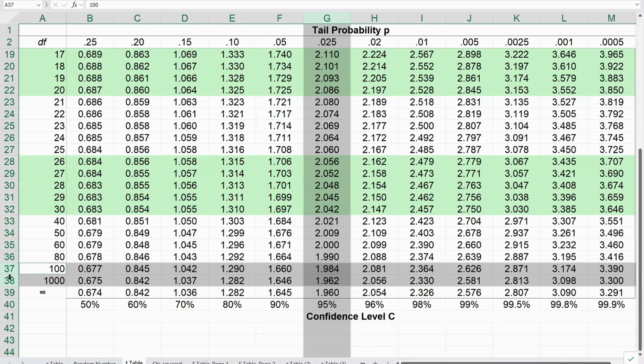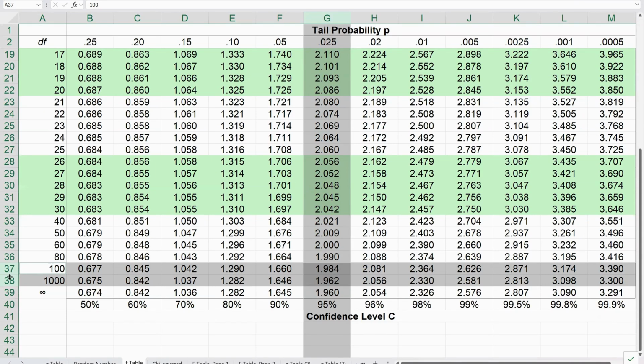Well, we can't pretend we have more data than we actually have. So when we don't have a particular number on our table that we can use, we are going to use the smaller of the degrees of freedom that we do have access to.